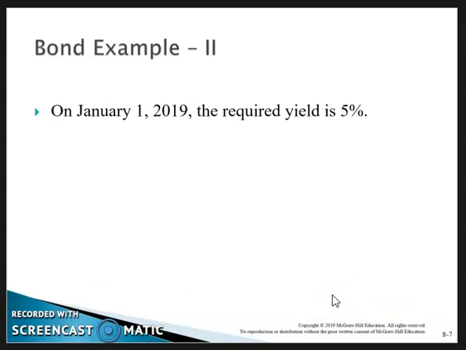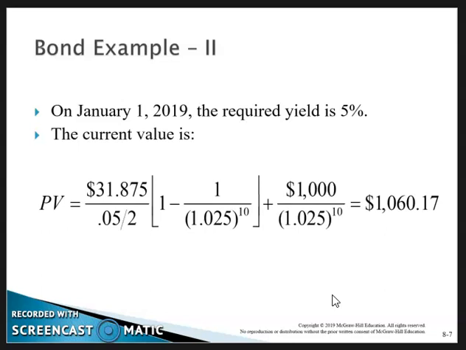So we continue with our example. On January 1, 2019, the required yield, our yield to maturity, is 5%. So the current value is going to be our coupon payment divided by the coupon rate divided by 2, and we multiply that by 1 minus 1 divided by 1 plus 0.025. That's 0.05 divided by 2.